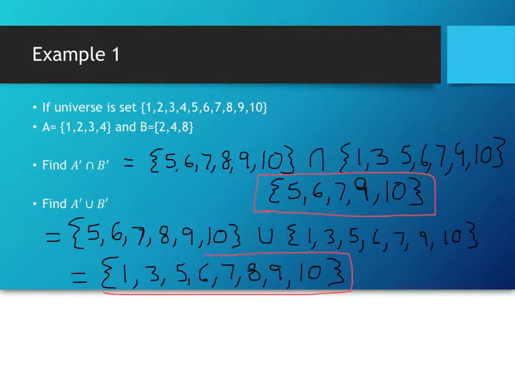Now I hope you notice something about these two sets and something about the two sets on the previous slide. In fact, they were the exact same sets. Okay, so we're going to look at some equivalences in just a second.